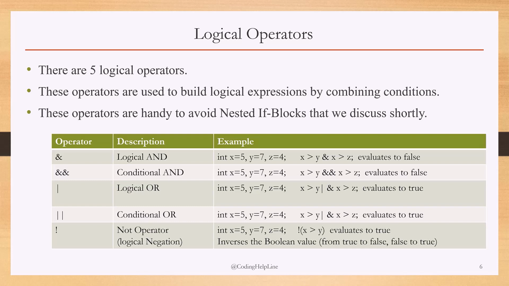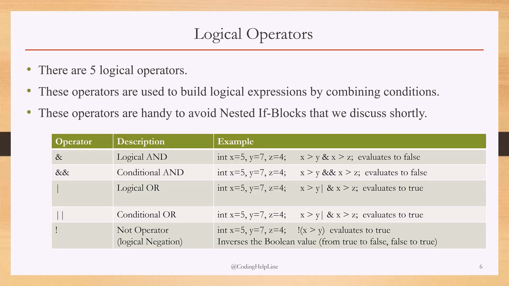In this case, both the conditions are evaluated, no matter whether the first one is true or false. In this case, the first one is evaluated first. If the result is true, it goes to evaluate the second logical expression. If this evaluates to false, it just stops evaluating the next logical expression.